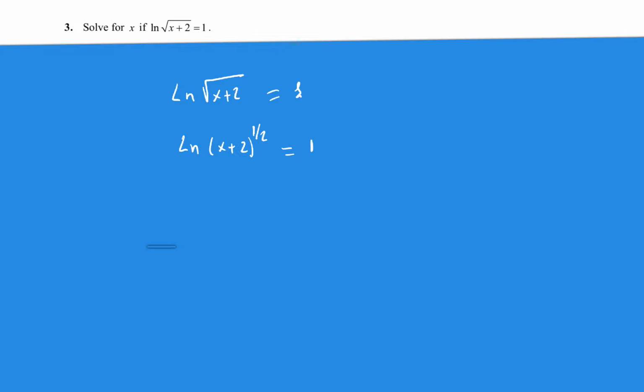Now if I apply the function e to the log of x plus 2 raised to the 1/2 and e to the 1, I will obtain e to the 1 on the right side of the equation and e to the log of x plus 2 to the 1/2 on the left. And what is e to the log of a number? It is the number. So it's x plus 2 to the 1/2.